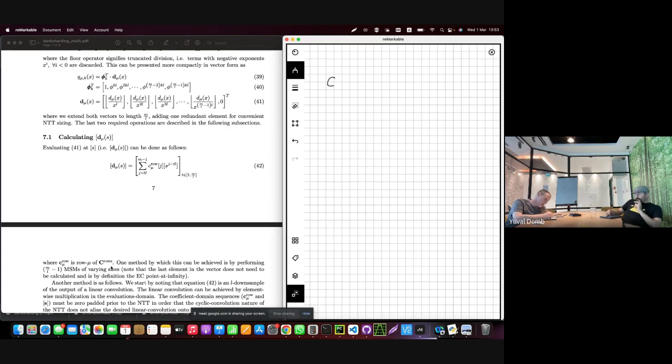So I now have big C mu, which is a vector, equal to the Fourier transform of small c mu. Small c mu is really just the vector of coefficients.